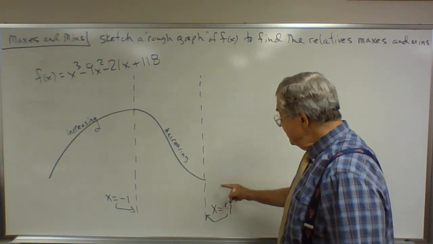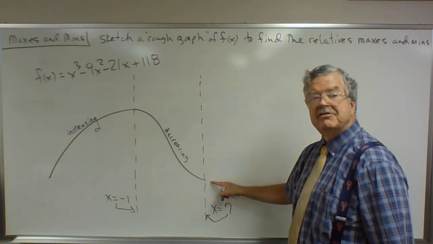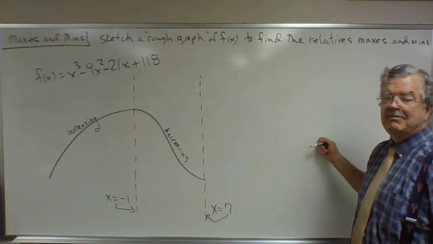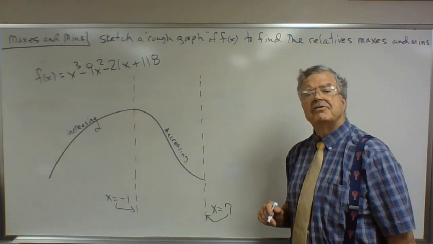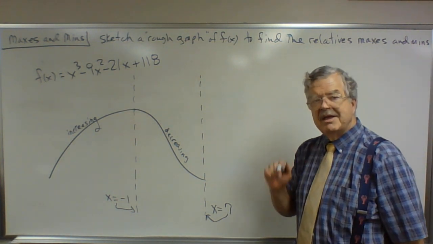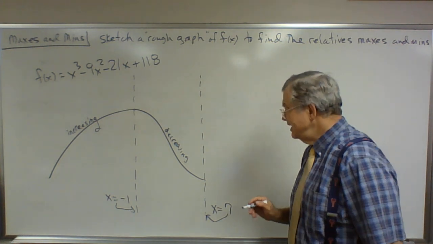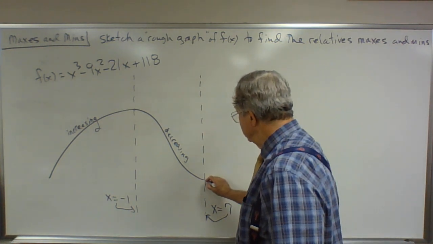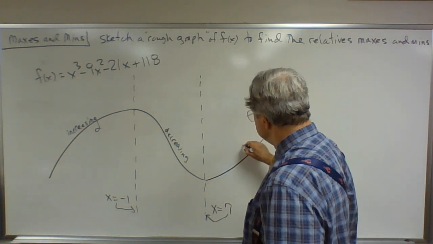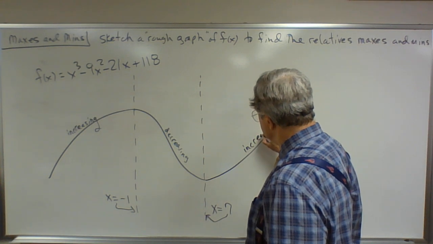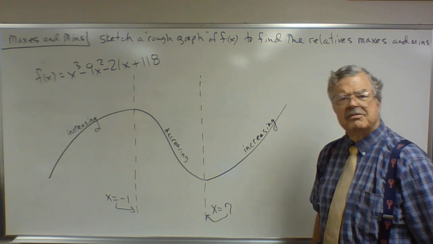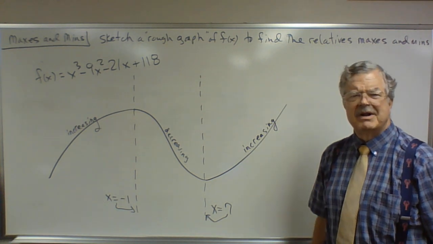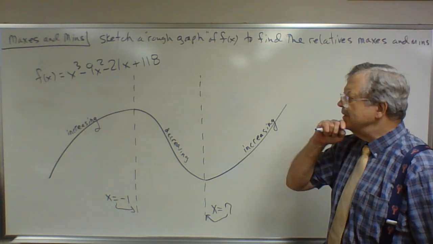Now to the right of x equals 7, from x equals 7 to infinity, what is f of x doing? It's increasing again, going uphill from left to right. Oh my goodness, how are we going to find our relative maxes and mins anyway?